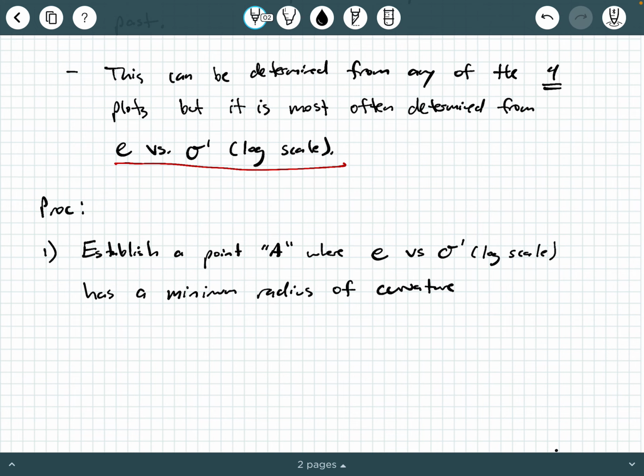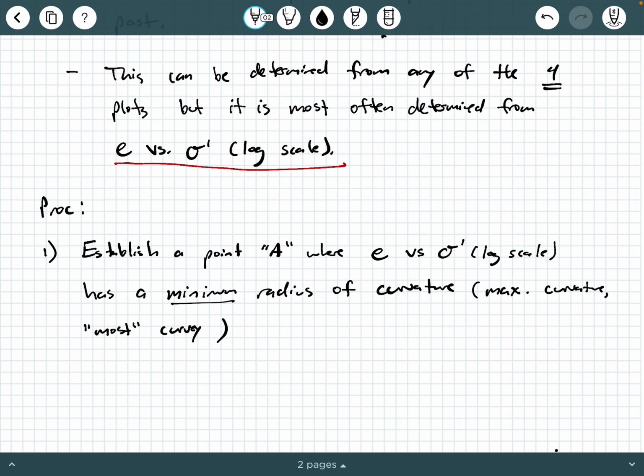Now remember, minimum radius of curvature really means maximum curvature, which means what? It's the most curvy.